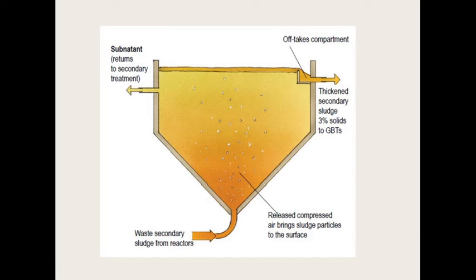That is why, in this flotation, the sludge floats over the top compartments, and from there we can remove the sludge. To thicken secondary sludge, the solids we can remove from the top, and the subnatant we return to secondary treatment.